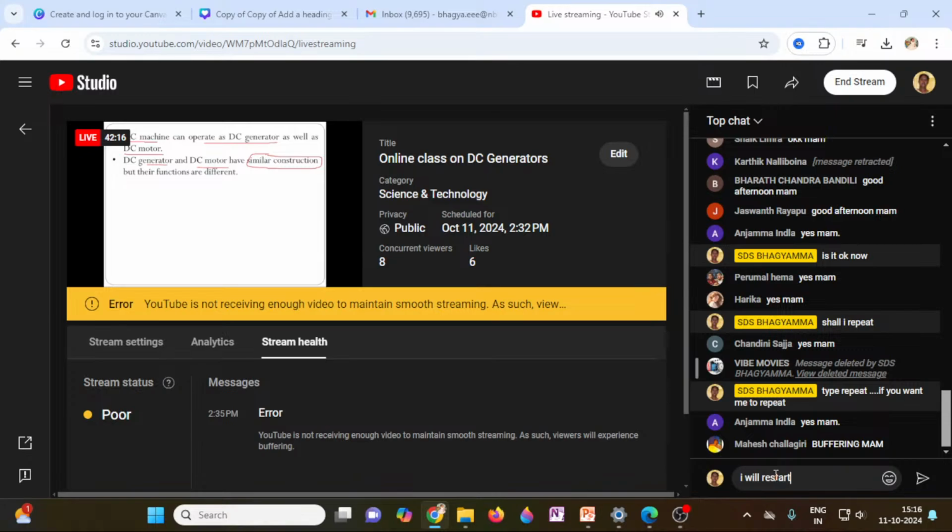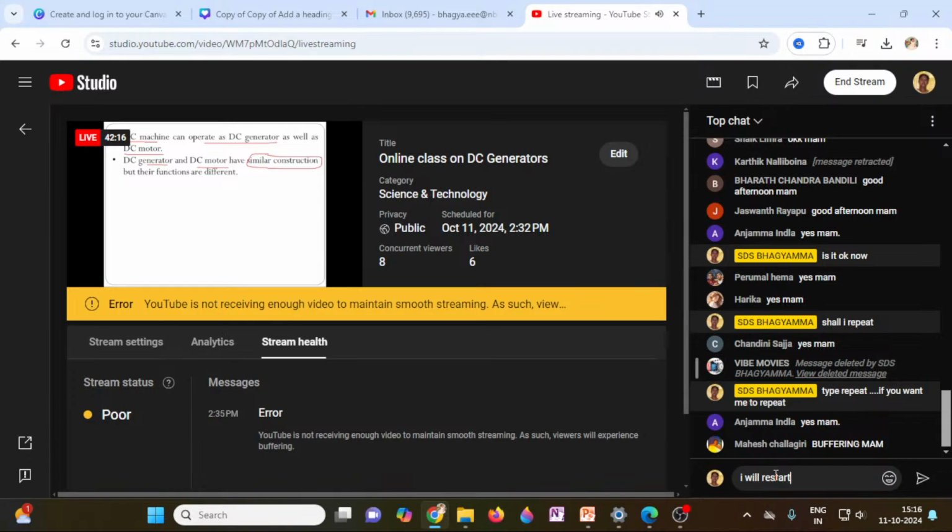In earlier days we used to have a separate camera and a separate video recorder, webcams and all. Now everything has come into one device. Even though the function of generator and motor is different, the construction is the same, so you can use the same machine as a generator as well as a motor.